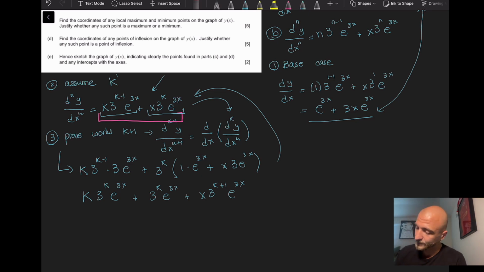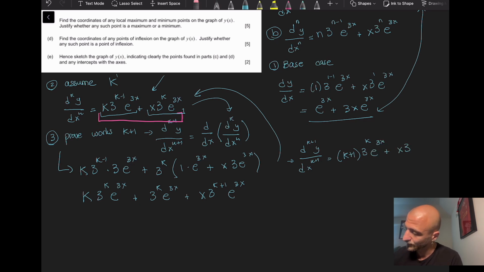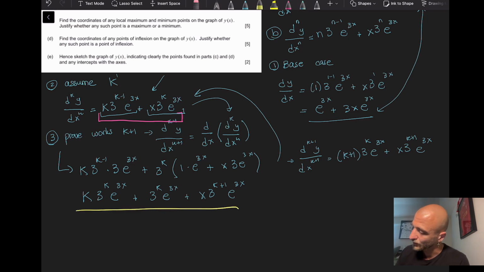So over on this side, I'm going to write down the formula with k plus 1 plugged into the thing that we're trying to prove: (k+1) 3^k e^(3x) plus x 3^(k+1) e^(3x). We need this thing that I'm underlining in yellow to look like this thing that I'm underlining in yellow here.